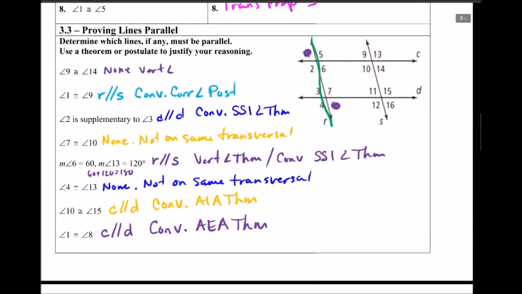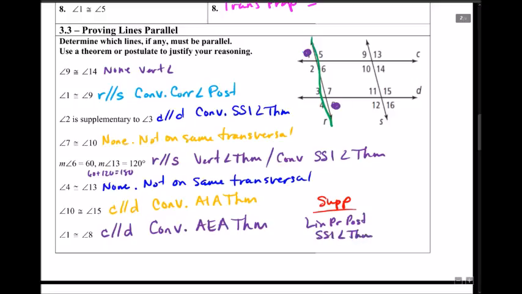Yes, it is. Okay, so that is our first 3 sections. We learned some terminology about parallel and skew, and then everything else was on our special angle pairs. Remember that we have supplementary angles, and who are they? That's our linear pair postulate and our same side interior angle theorem.